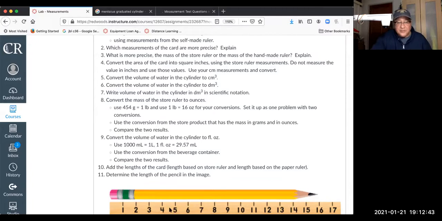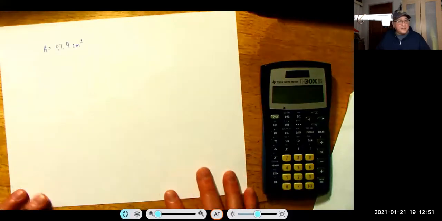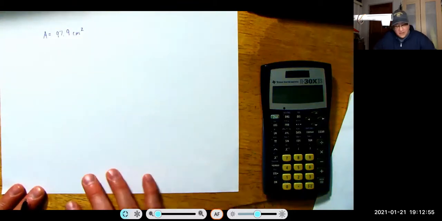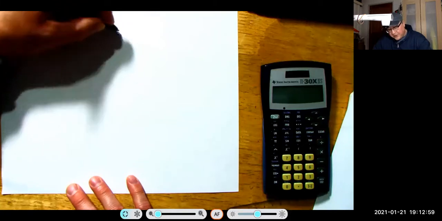So I'm going to change my share back to the desktop so you can see what I'm doing. And you can see I've written the area is 97.9 centimeters squared. And we're going to convert to inches squared.